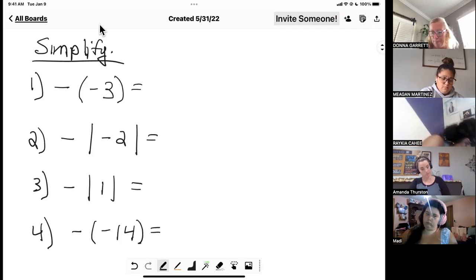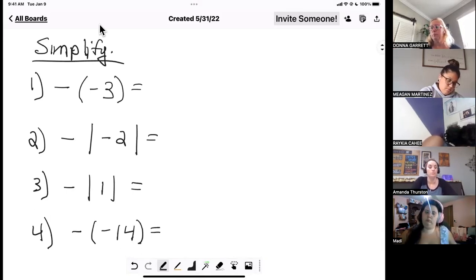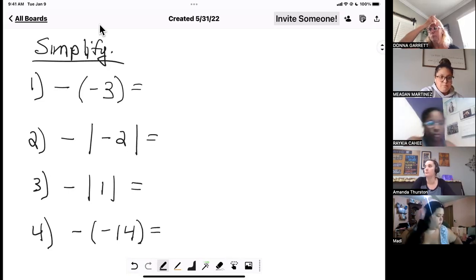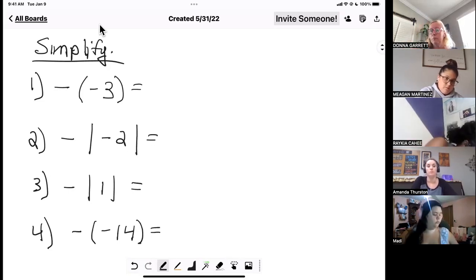Okay, these are the ones we're going to do. Let's write them all down first, then we'll do them. And one thing I want to talk about before we do that is absolute value.